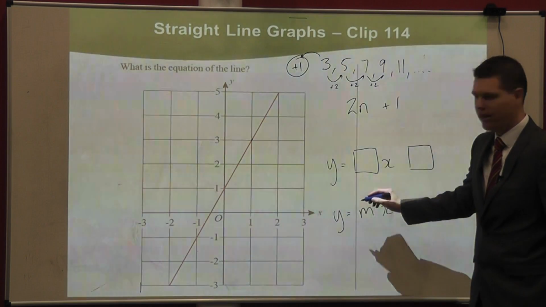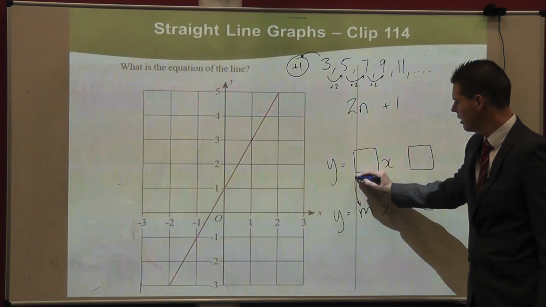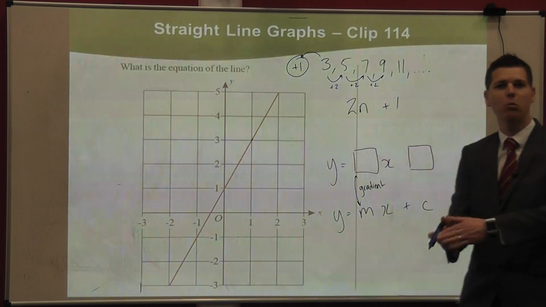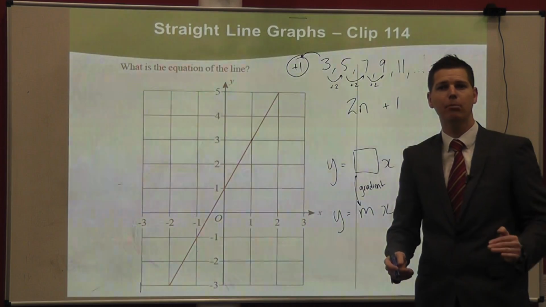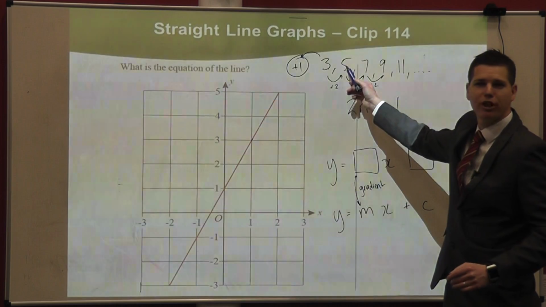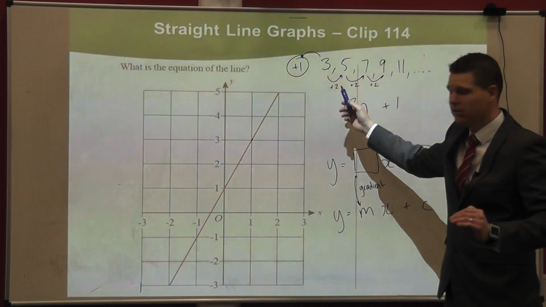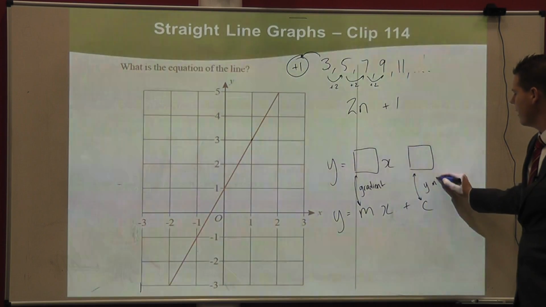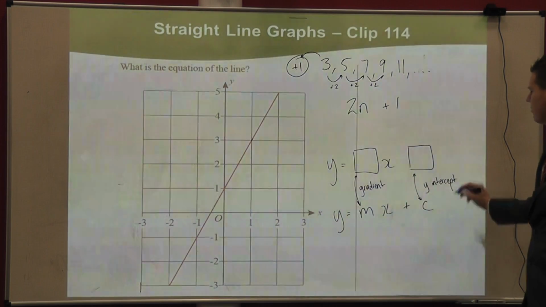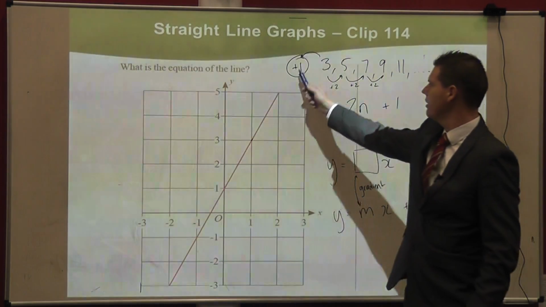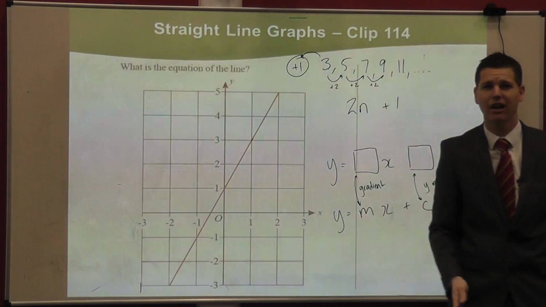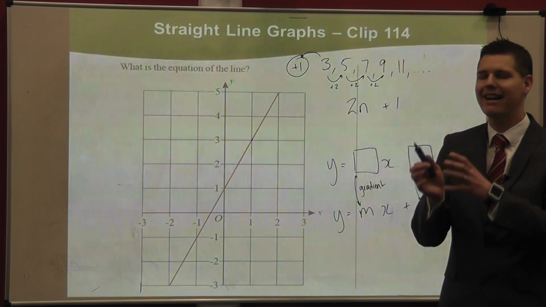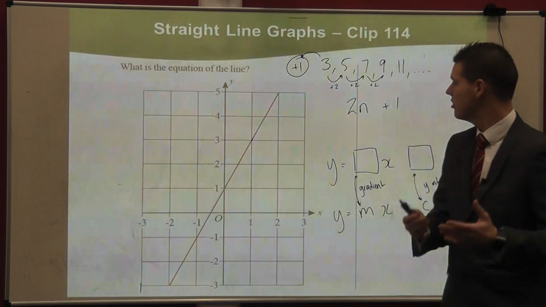It doesn't matter, it just means that this here is the gradient. This here is for every one it goes across, how many does it go up or down? For every one term you go, how many does it go up or down? And this one here is the y-intercept. The y-intercept is just that if I went back 1 to 0, whereabouts does it cut across the y-axis? So line graphs are exactly the same as sequences.